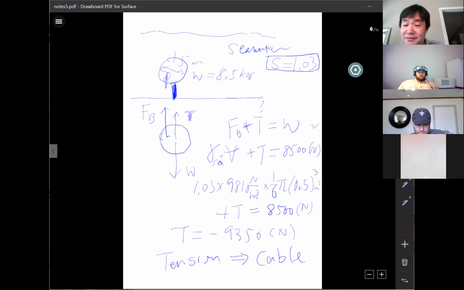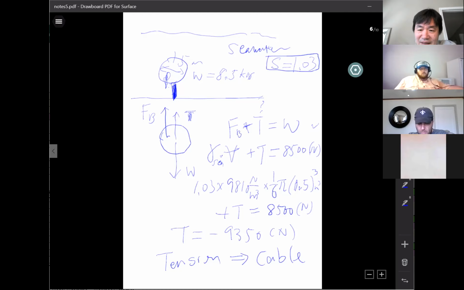If it's negative, that means it's opposite to what I set it up. If it's positive, that means the direction I put on the free body diagram is correct. Okay. Is that good? Any question to this problem? Everybody clear? 100%?